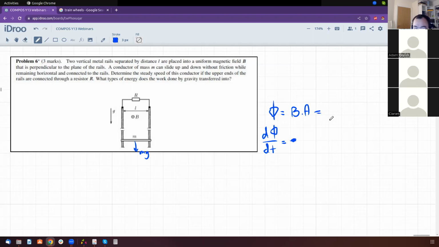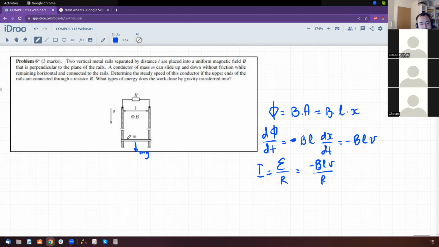So that's equal to B multiplied by L multiplied by x, where x is the distance. So d phi dt is going to be minus BL dx dt, which is minus BLV. That's the speed. And the current is going to be EMF divided by the resistance R. So that's going to be minus BLV divided by R.